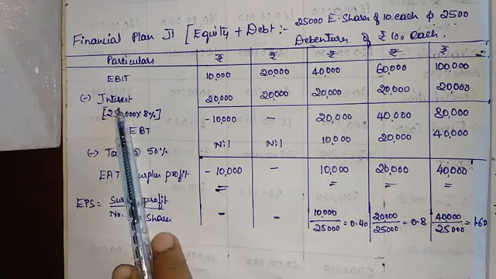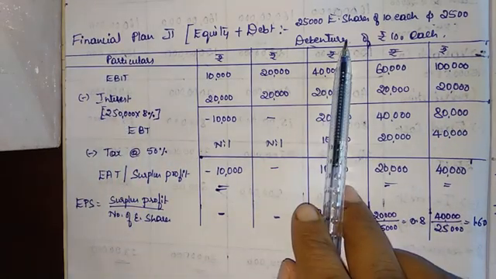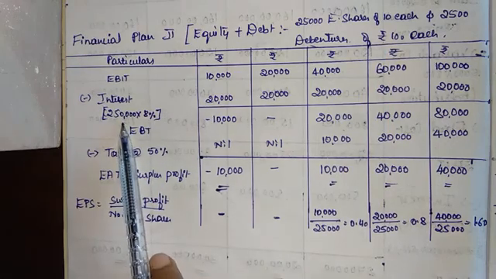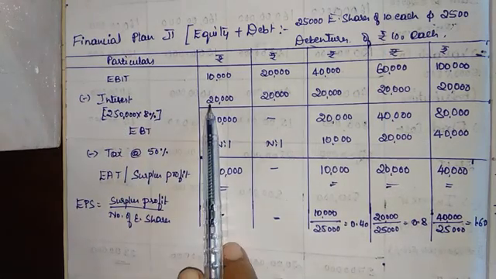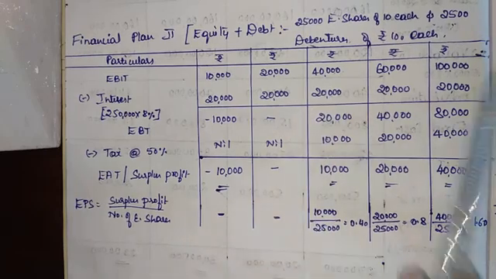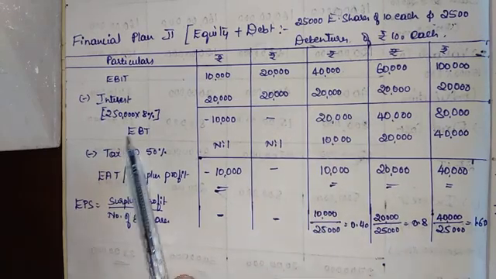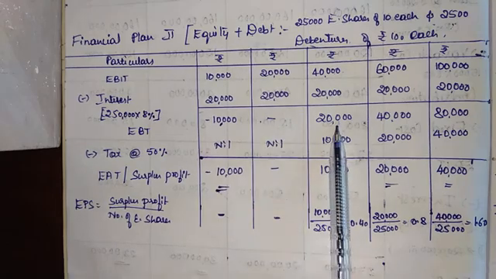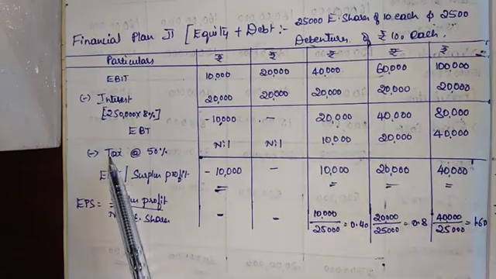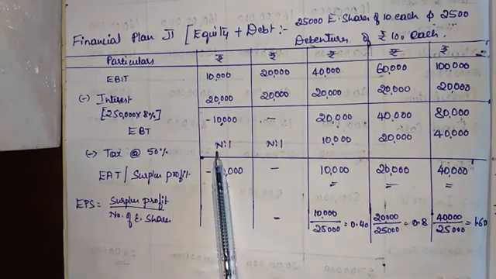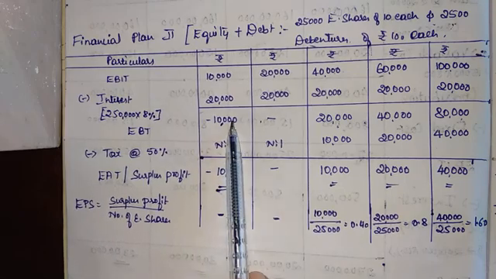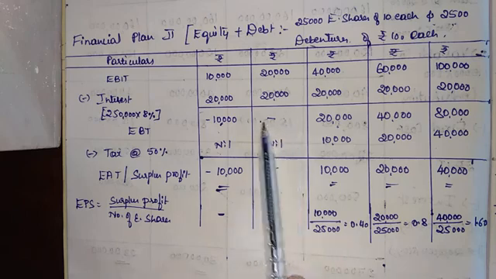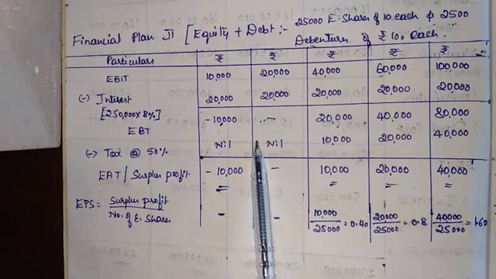Less interest: on the debenture we need to calculate interest. 2,500 into 100 is 2,50,000, and 8% of that means 20,000 is the interest for all the EBIT. So EBT is minus 10,000, nil, 20,000, 40,000, 80,000. Minus tax at 50%: we cannot charge tax for a loss or for no profit, no loss. In that situation there will be no tax.